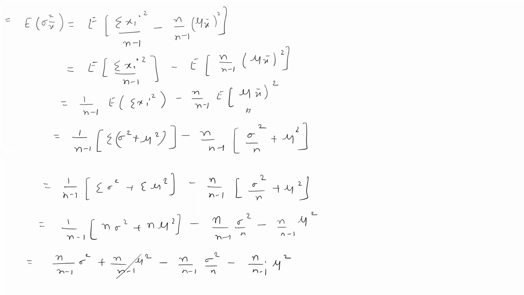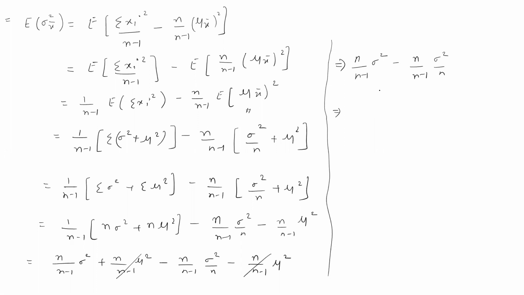So these two terms get cancelled out. We remain with these two terms. So I will write it here. Okay, I will just draw one slide. Right. So we will remain with n by n minus 1 sigma square minus n by n minus 1 sigma square by n.